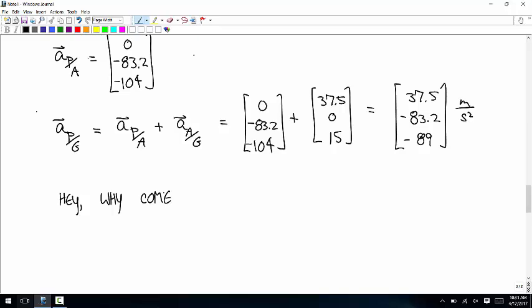I got a question for you. How come you've been making this big deal about how the time derivative of a vector in a rotating coordinate system is equal to the components dot plus omega cross the vector? It's the main point of this whole topic.